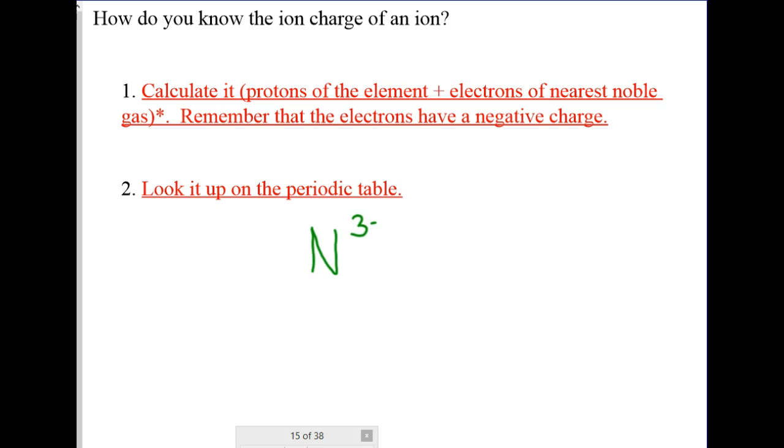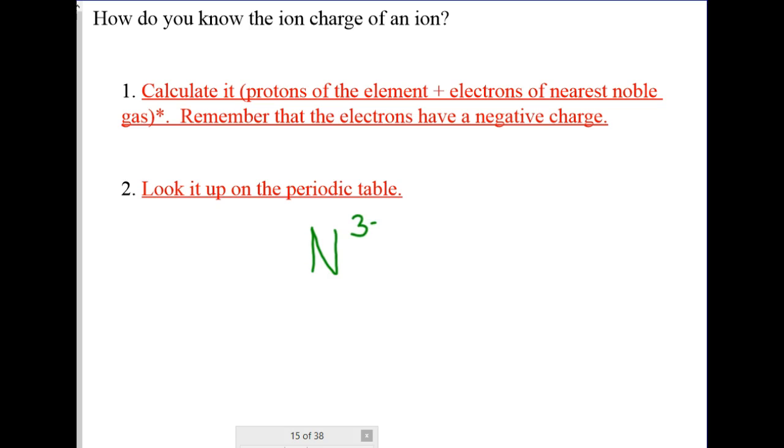If it has the symbol N3 negative, what I would suggest you do is look at the number of protons first, because the number of protons never changes. Take a look at your periodic table. How many protons does nitrogen have?